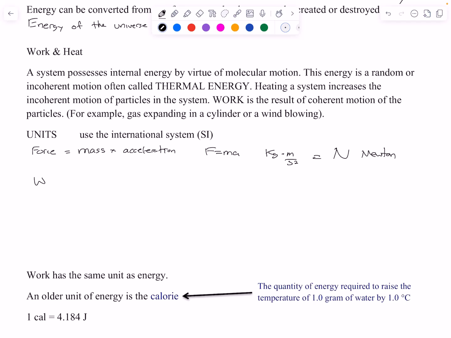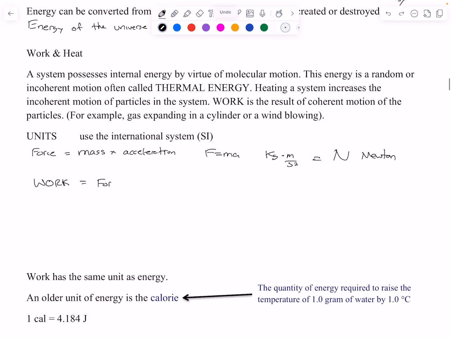Work is force times distance. All right? So W equals F times d. All right? And that's a kilogram meter per second squared times a meter. Kilogram meter squared per second squared, which is a Newton meter, which is a joule, right?